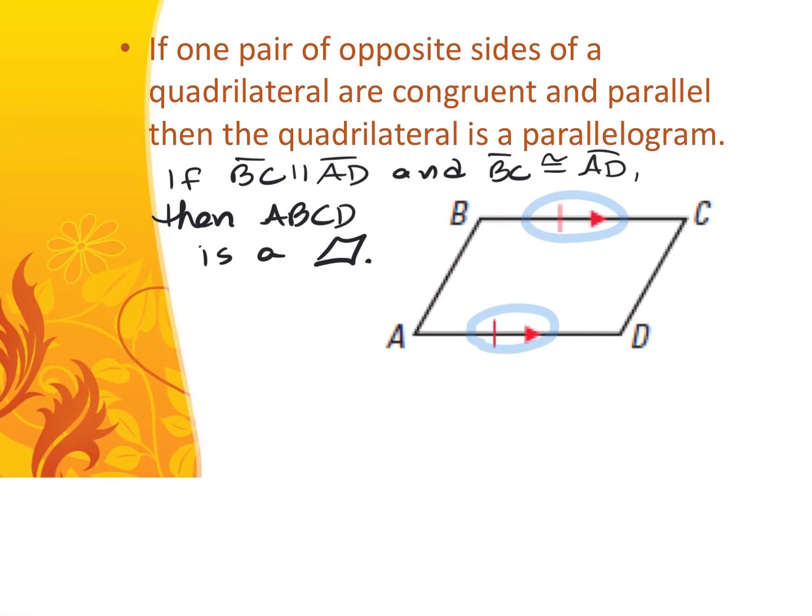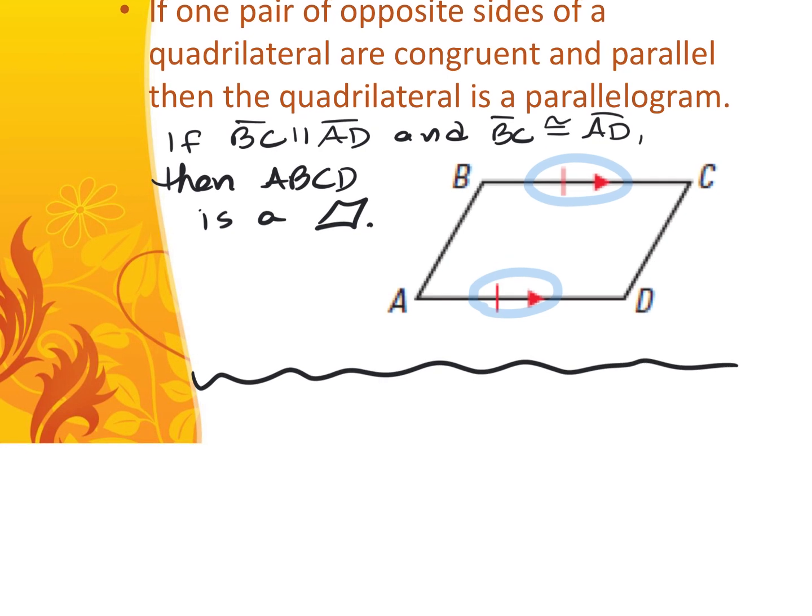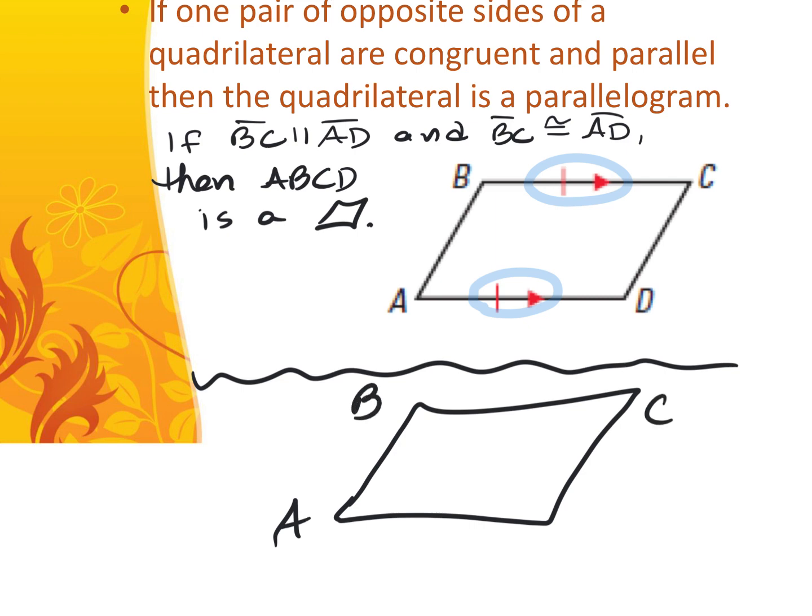So let's say instead the picture looked like this. A, B, C, D. And let's say the parallel marks were on BC, but the congruency mark was on AB and CD.